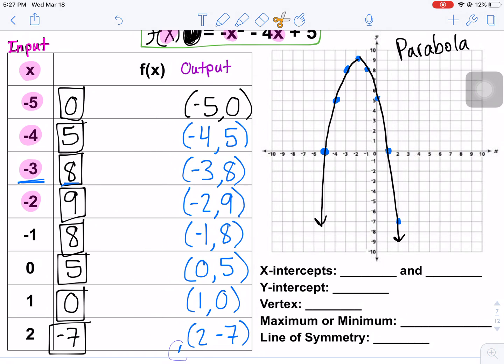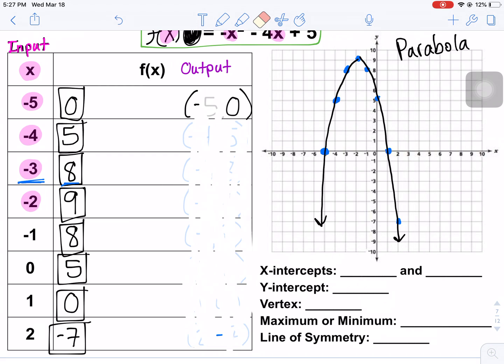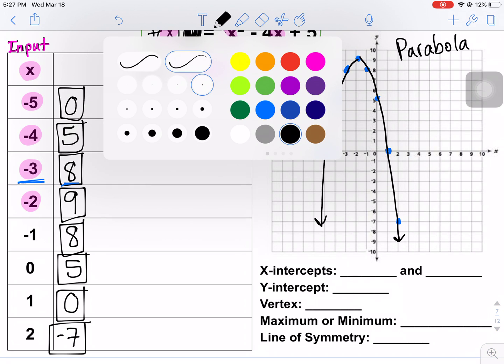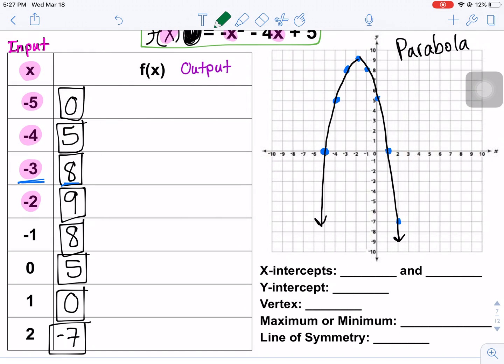So our last step is we want to label the important parts in both our table and also on our graph. So let's start with our x-intercepts in green. We're looking at the bottom right corner for the word x-intercepts.